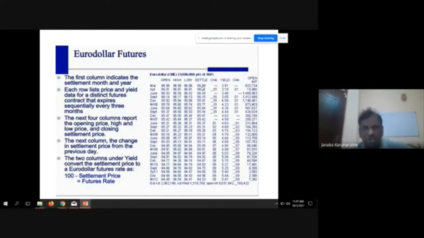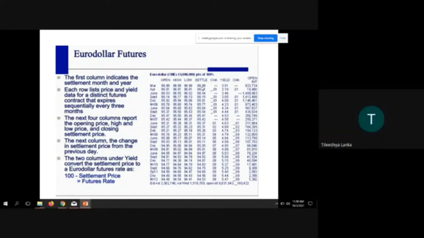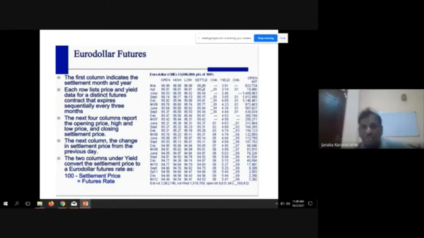So always, if you get the price and the yield difference, that's not the price, the face value, the 100 minus yield should end up with the price of a futures contract. Those are published on a daily basis with the volumes traded.